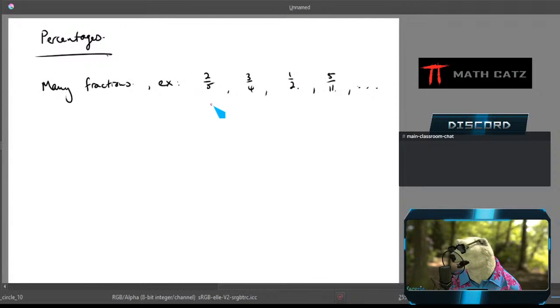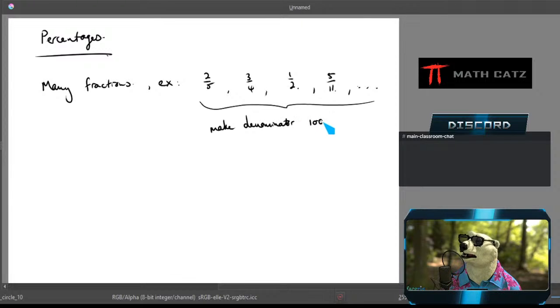It became very obvious that leaving the fractions to have any denominator isn't quite as convenient for the public as it can be. So they said, let's just standardize all of these and make the denominator 100. 100 because we have a decimal number system, powers of 10. 100 is a power of 10. So it's maybe an obvious choice.